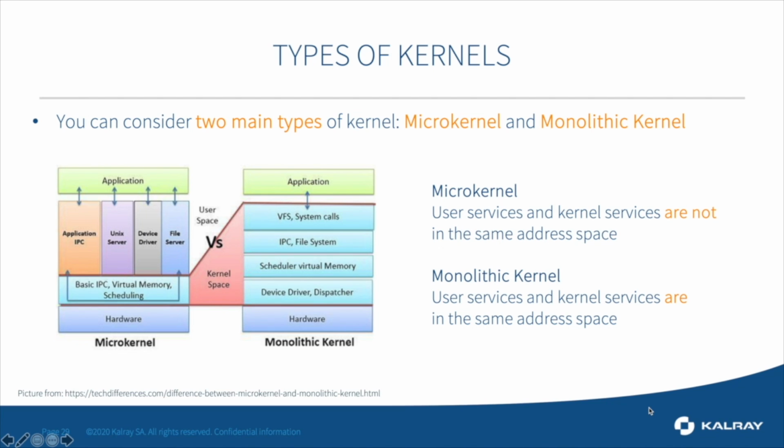The microkernel, more or less, differentiates the user services memory space from the kernel services memory space. User services and kernel services are not sharing the same address space. The monolithic kernel, the reverse, shares the same address space between user services and kernel services.